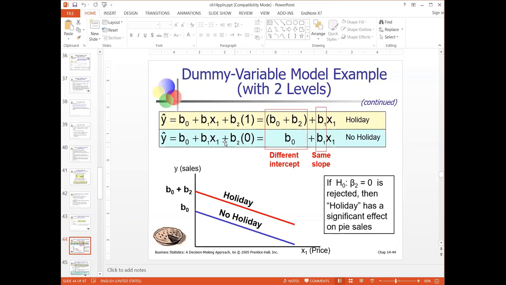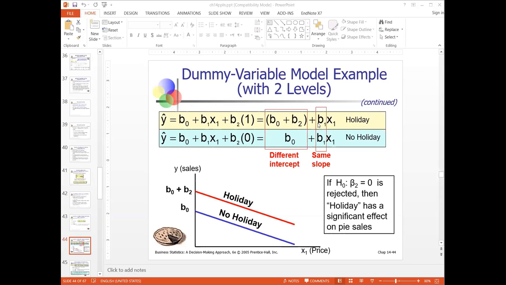When it is 0, b2 multiplied by 0 is 0, so there is nothing left. The regression line is y = b0 + b1x1. When x2 is 1, the 1 disappears because it becomes a constant, so b2 and b0 are added because both are now constants. The regression line is y = b0 + b2 + b1x1.